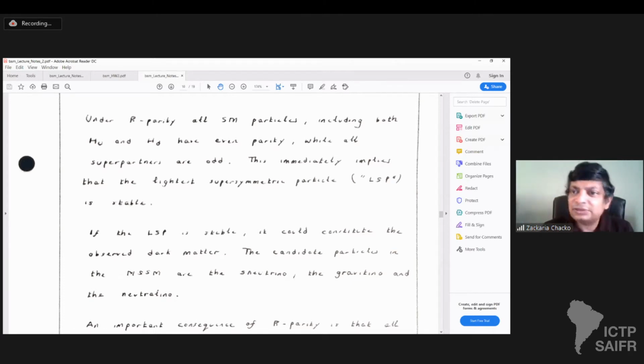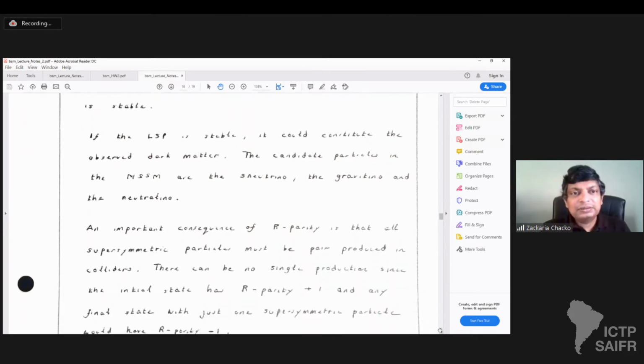So once you impose R parity, the lightest supersymmetric particle has to be stable. Then if it's stable, and if it's neutral, it could constitute the observed dark matter. Maybe that's the dark matter.